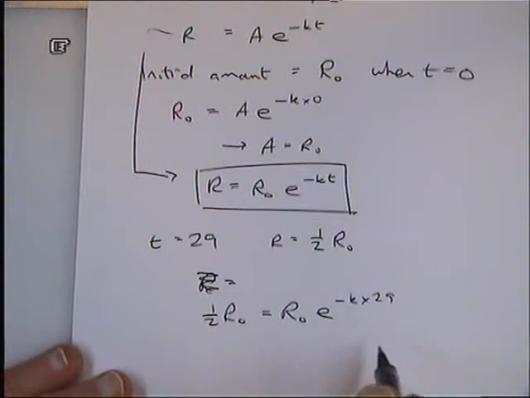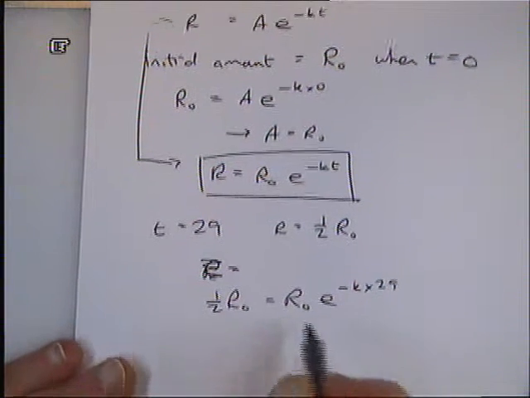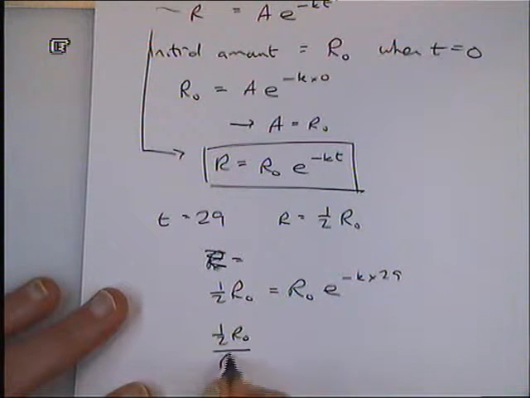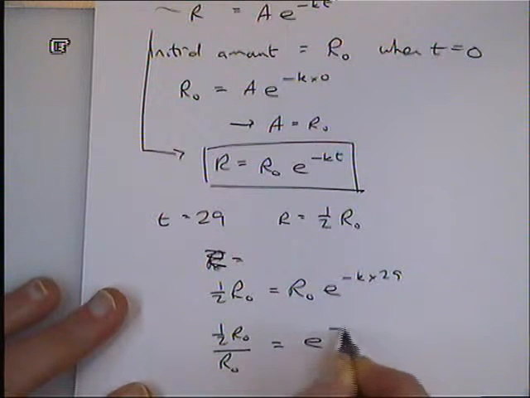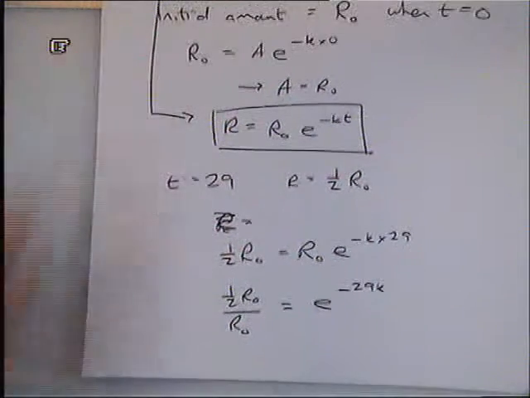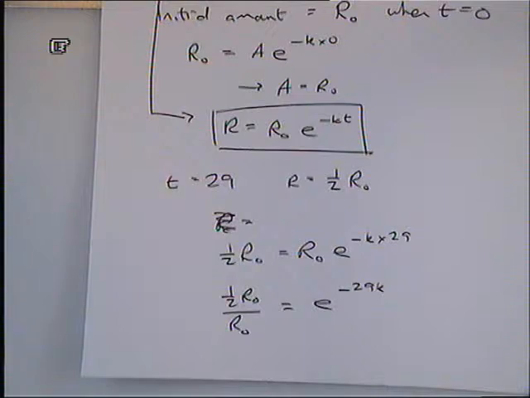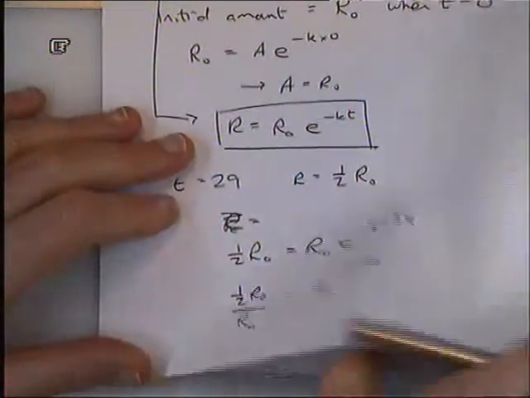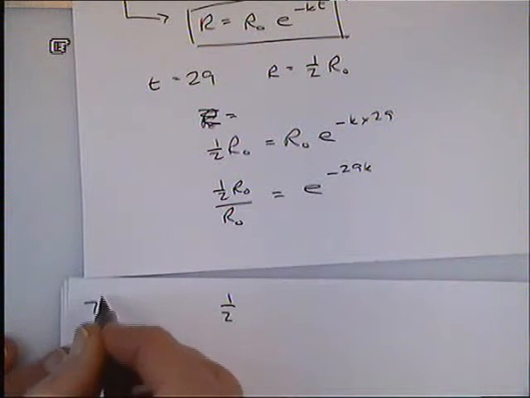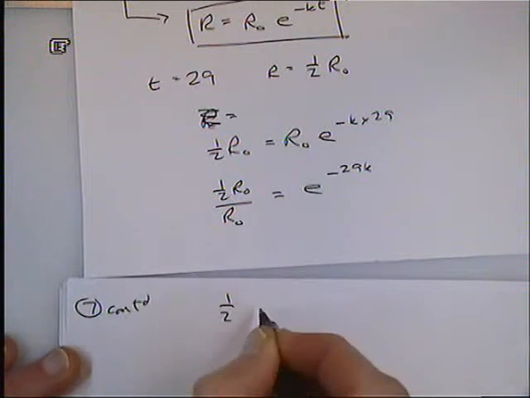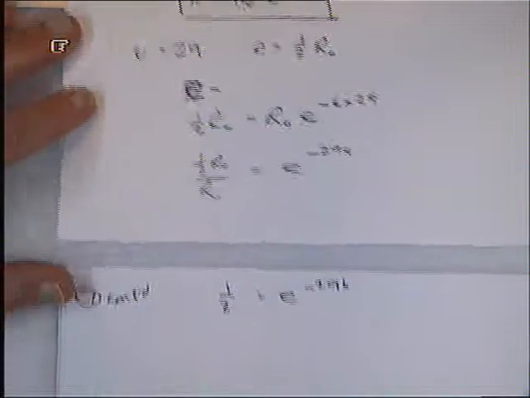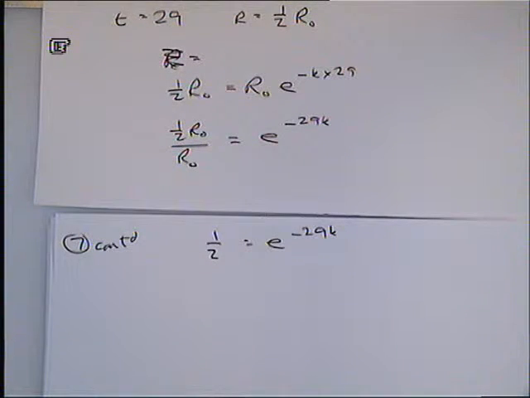Then, if you move things around, if I bring that R0 down over here and divide by it, I get that. What's the left hand side of that equal to? Half. Yep. Okay. Left hand side of that is equal to half. The right hand side is e to the minus 29k. I want to find out what k is. What would it be good to do?